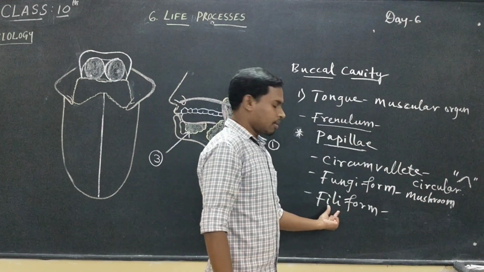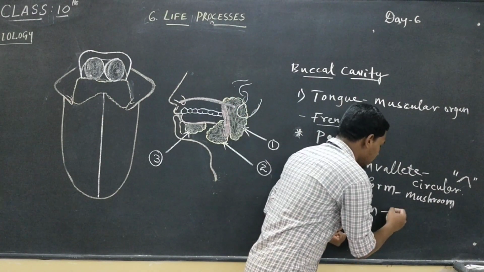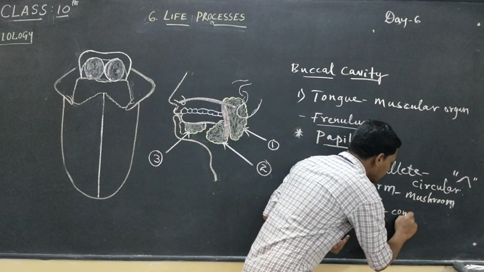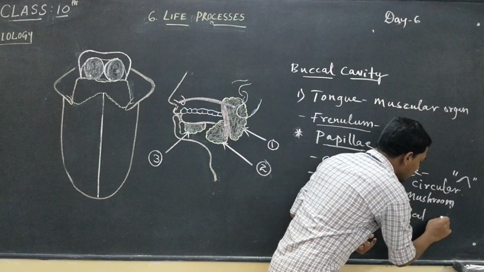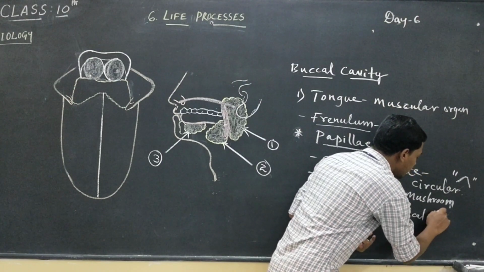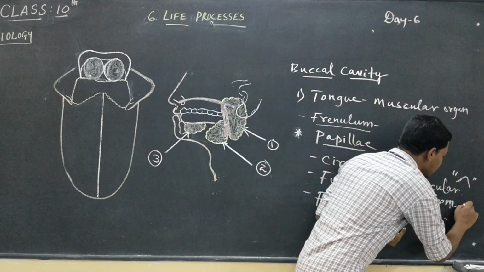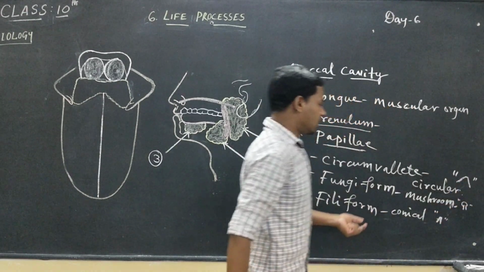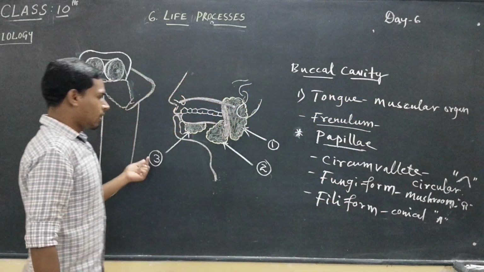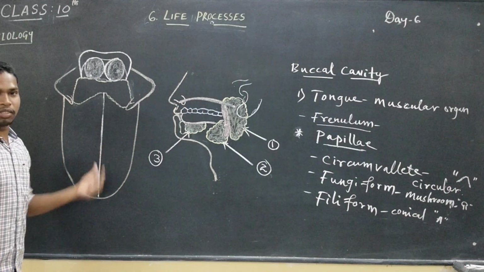And filiform are in conical shape. So conical shape, inverted V, and like a mushroom. We are going to see their arrangement on the surface of the tongue.